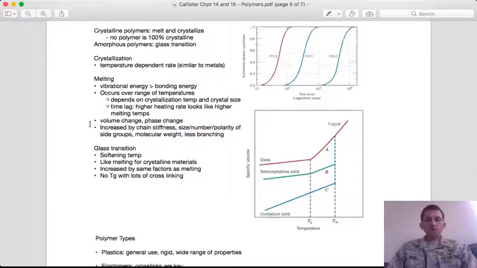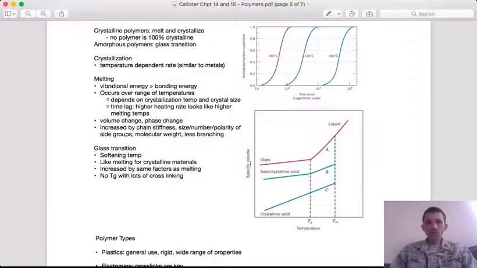Melting is also accompanied by a volume change or a phase change. Remember that as we increase the thermal energy, our atoms are vibrating more violently, and that is increasing the range of that vibration, if you think about it in a simple harmonic oscillator picture. Especially once you have a phase change to a liquid, there's more space between adjacent polymer chains, which allows them to be more mobile, but that extra space also increases the volume.